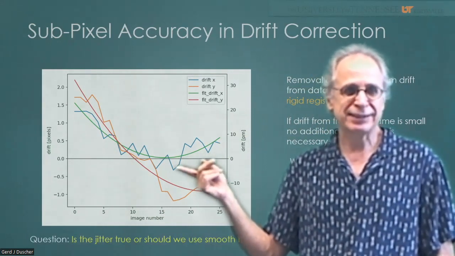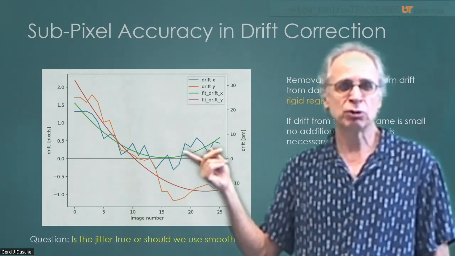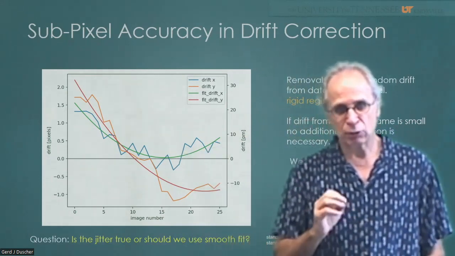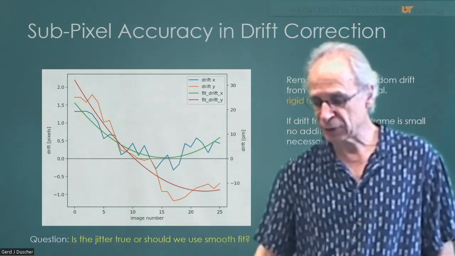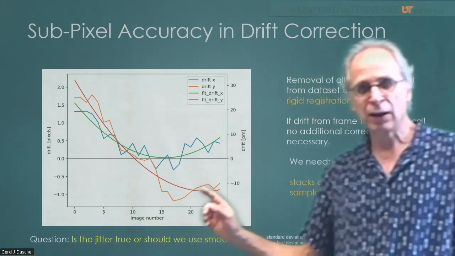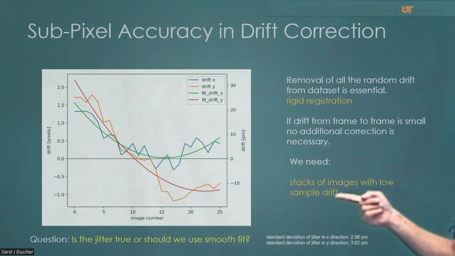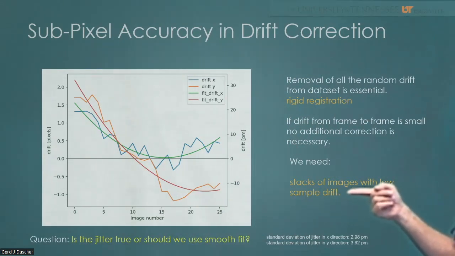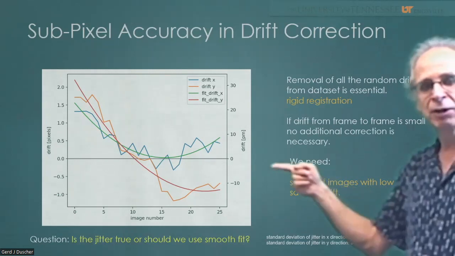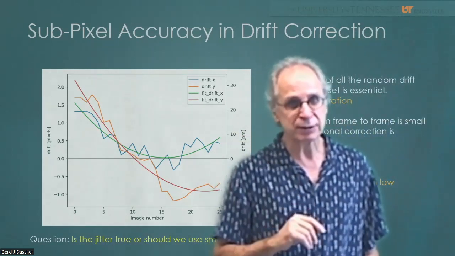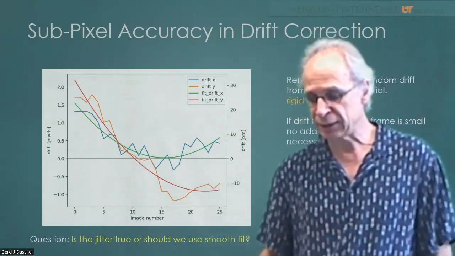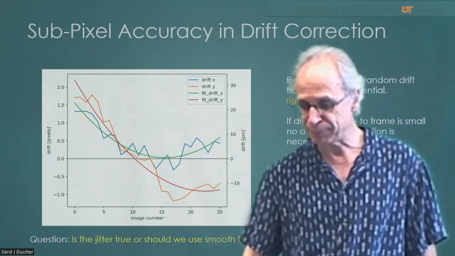The answer is yes. You do actually have to correct that in order to improve your quantification. So we need stacks of images with low sample drift. Low is relative, but it shouldn't be more than 1 or 2 pixels per frame. In the ideal case, of course, even less.